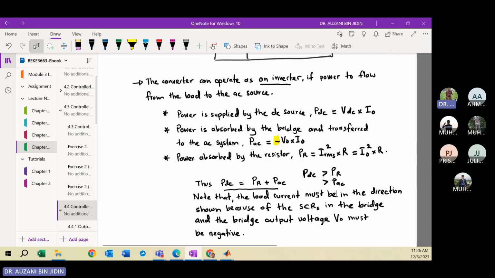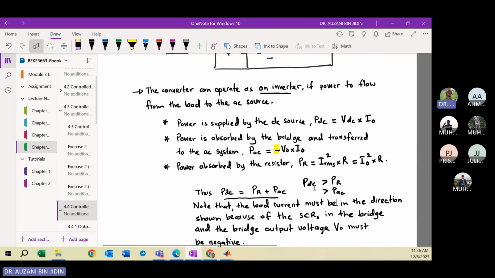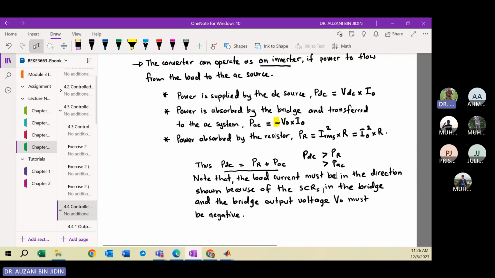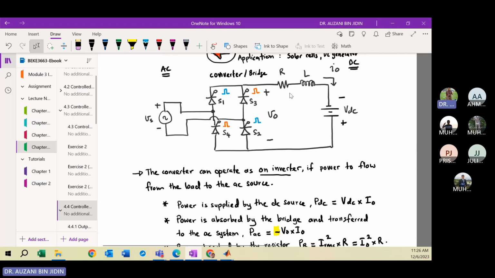One thing you need to take into account is that for the inverter operation, the current direction must be the same as the rectifier operation. Your current maintains the same direction as when the converter operates as a rectifier, because of the polarity of the thyristor.